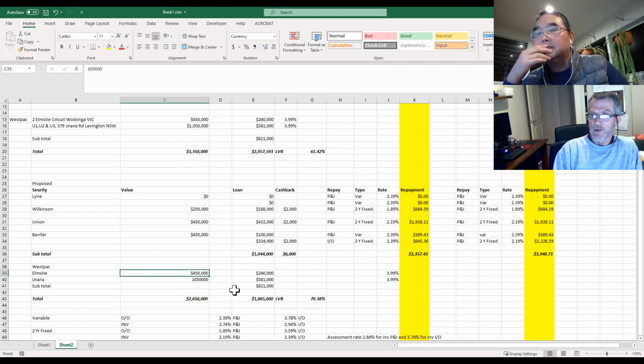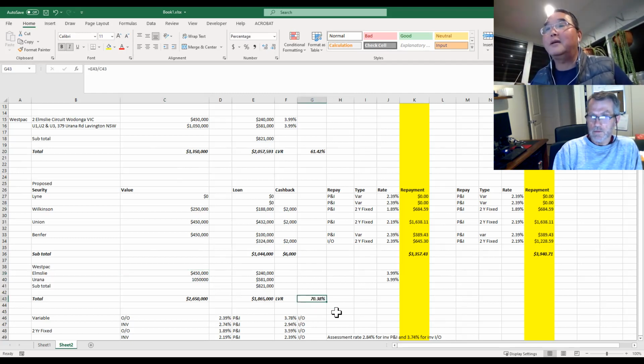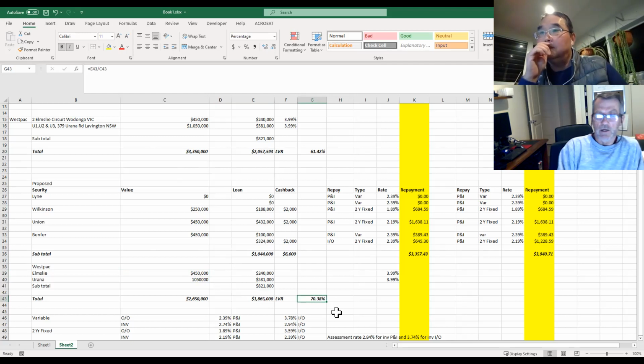Because I know the bank has a hold over the loans over the house anyway now, but I'm trying to move away from that as well. But again, if we can get the valuation slightly higher than 250, 450, then that's only 0.338%. I don't think Wilkinson will come in at 250.